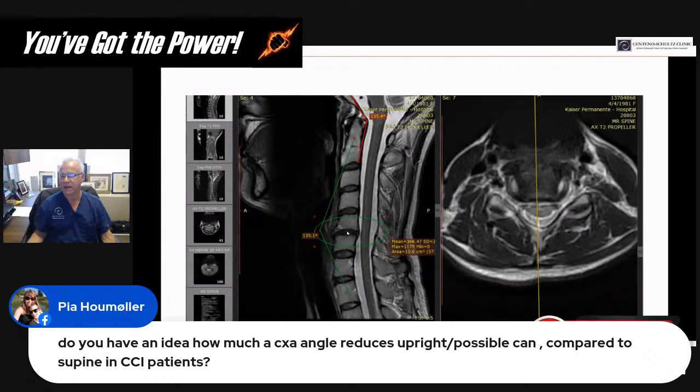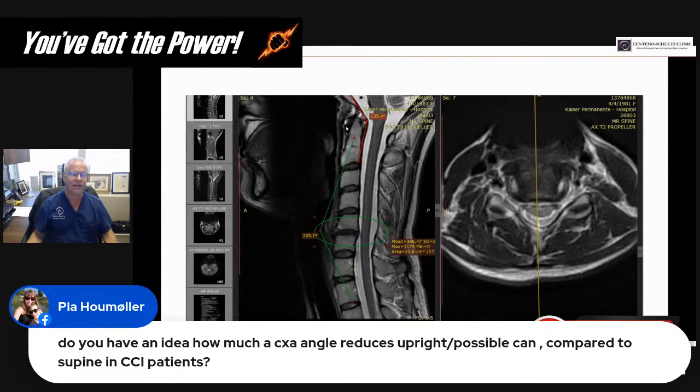Now, one of the neurosurgical teams measured this clivo-axial angle and saw 135, which is right at the lower limit of normal for a CXA. The problem is that if you have a lost or reversed lordosis, this angle is going to go artificially down.